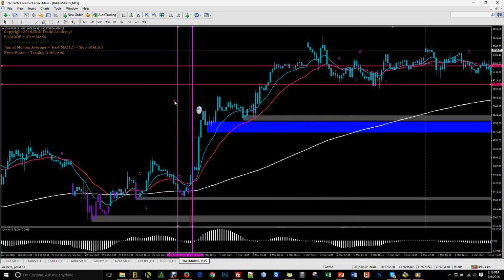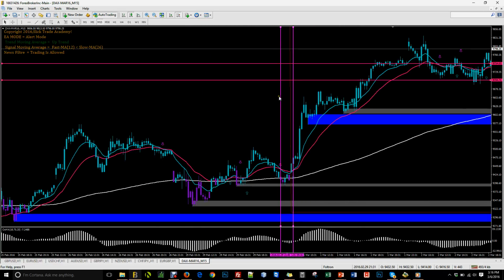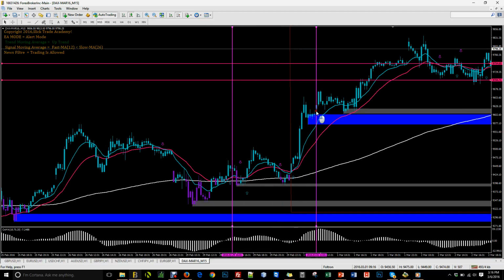Okay, here is an example. Right here. Okay, so this was a long position, or buy position, that was signaled. It was above the overall, or the 200 moving average, so it was with the overall trend.